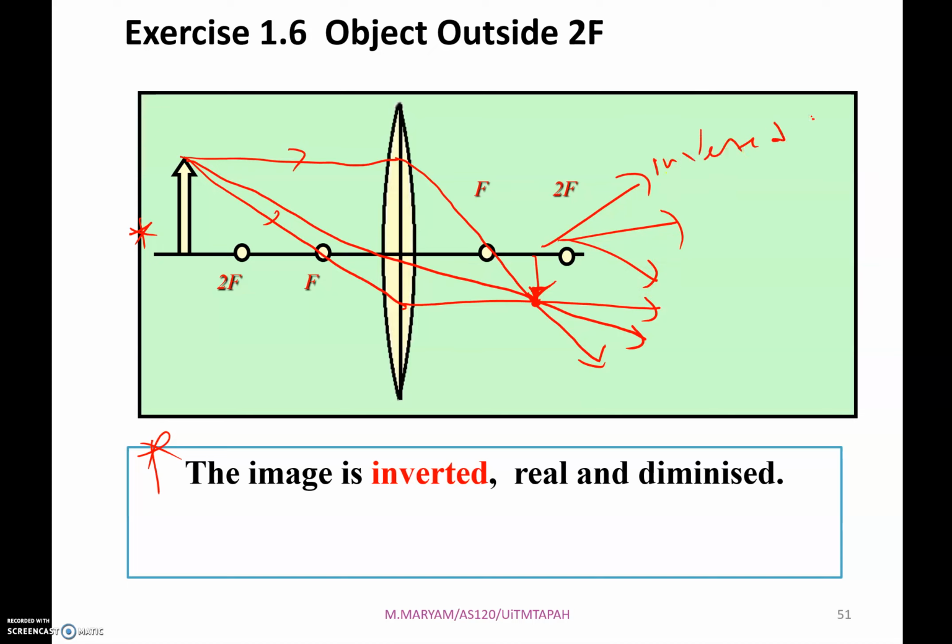The second one, is it smaller or bigger? Much smaller. Last but not least, is it real or virtual? Since it's at the back of the lens, it means that the image is real. So let's check your answer. The image is inverted, correct. It's real, correct. And it's diminished or smaller, correct.